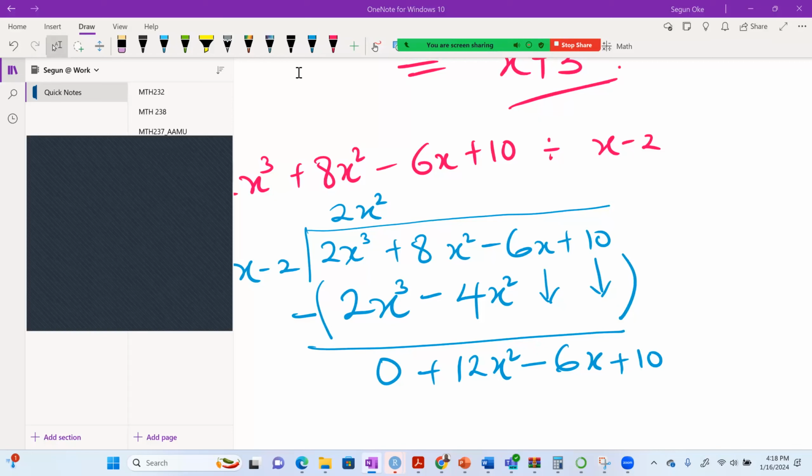Destiny, how many x is in 12x squared? Joshua, how many x is in 12x squared? Aliyah. How many x do you have there?